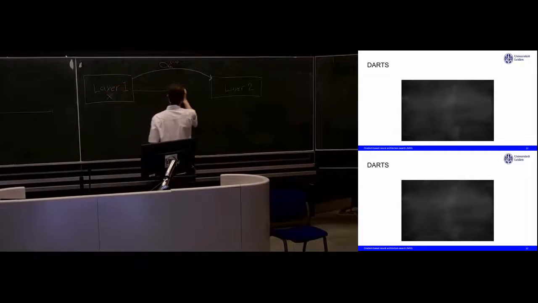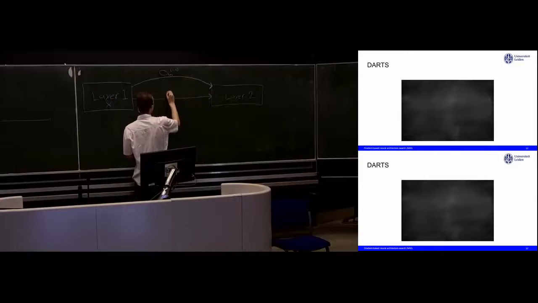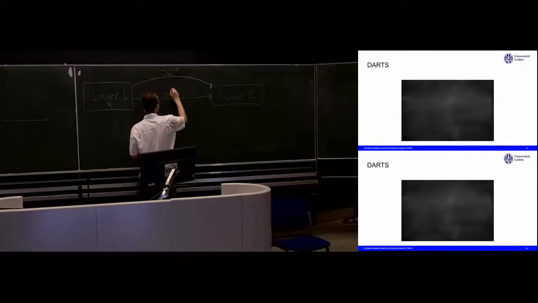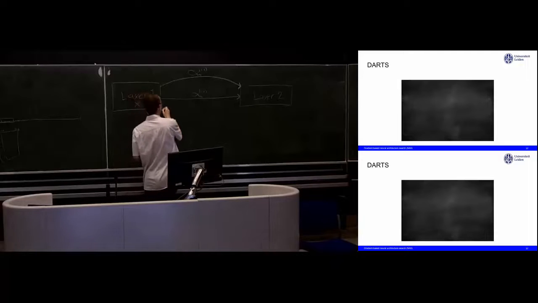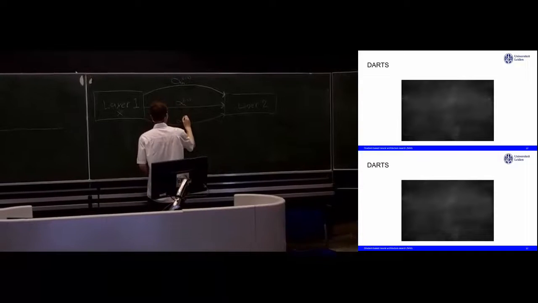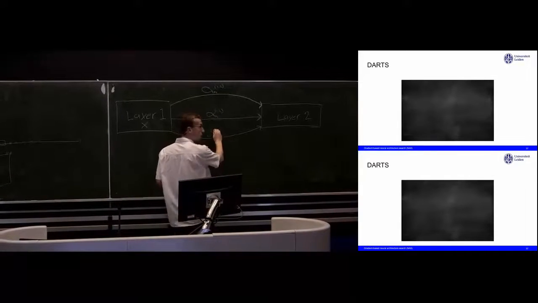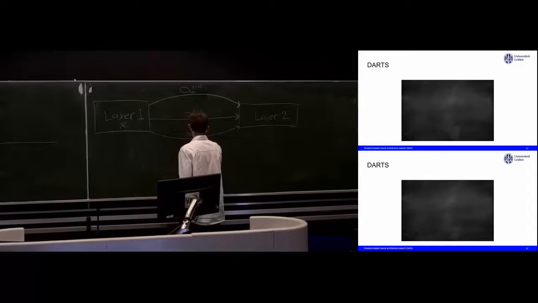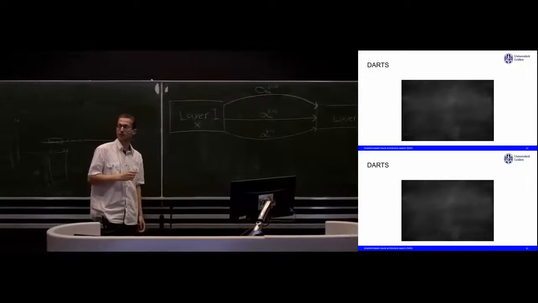Then we add another arrow for the second operation, again with a strength from layer 1 to layer 2, with a subscript indicating what operation this is. So this is operation O2. And we also do this for the third operation in our candidate set. This is again the strength from moving from layer 1 to layer 2, and this will be operation 3. So far so good?